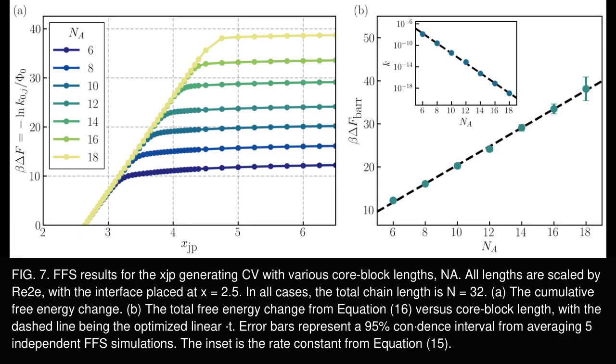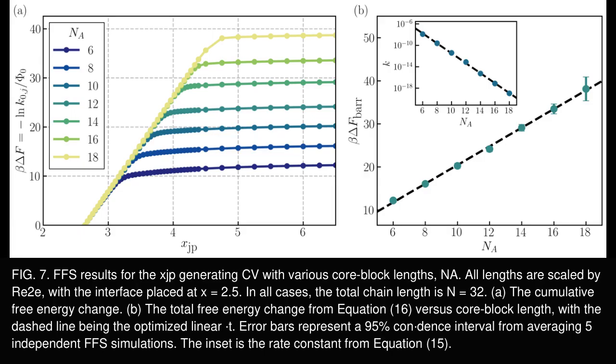Panel A shows the cumulative free energy change along the escape coordinate, illustrating how the barrier builds as the chain progresses through virtual interfaces. Panel B plots the total free energy barrier derived from the cumulative free energies against Na, with error bars representing 95% confidence intervals from 5 independent simulations.